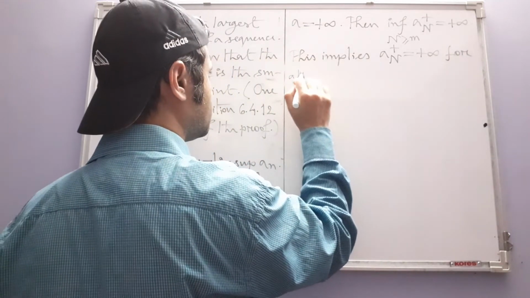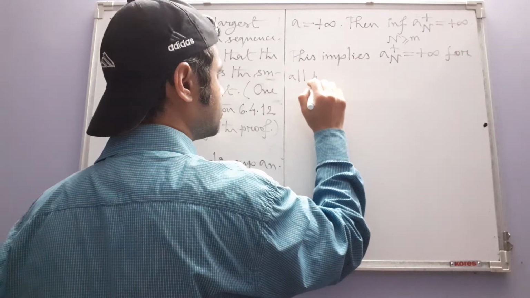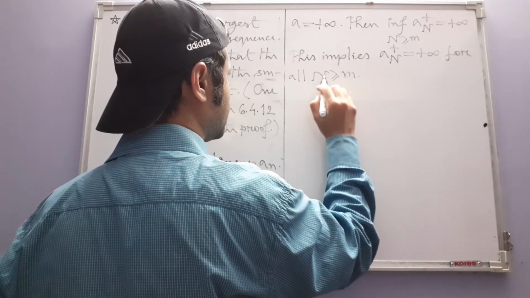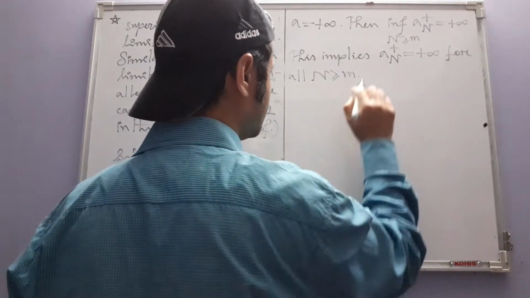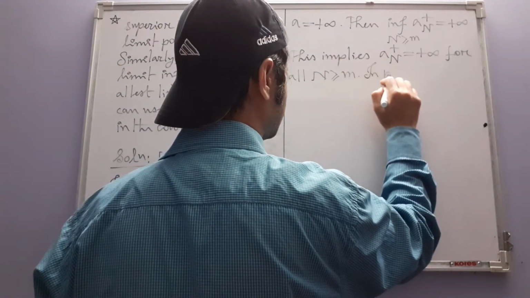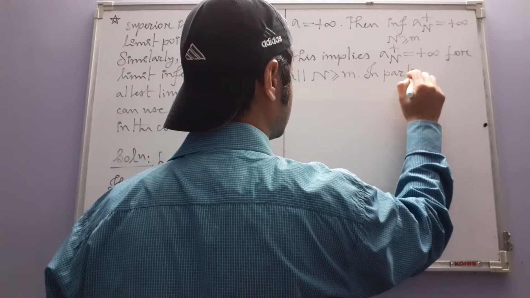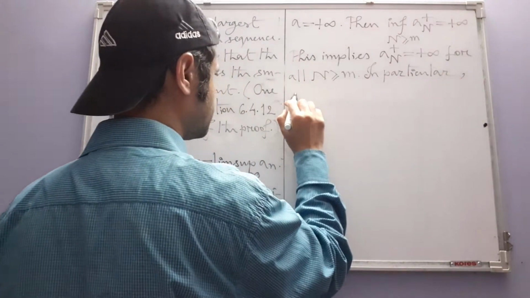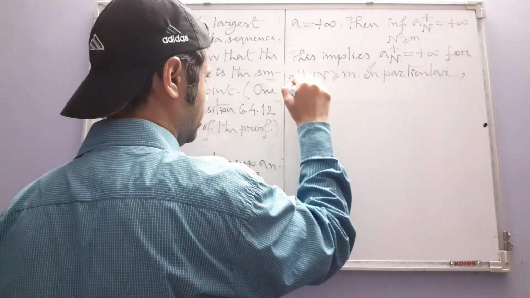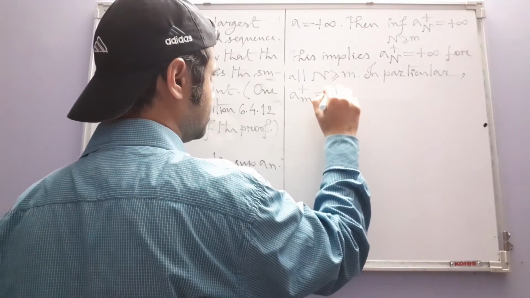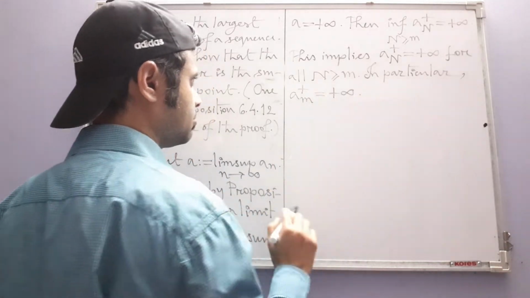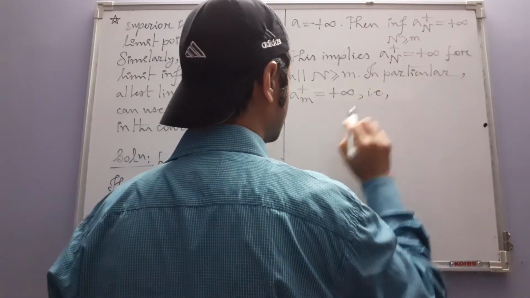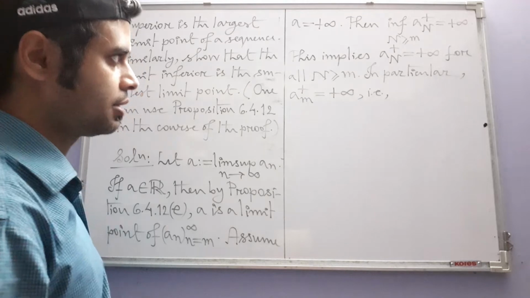for all possible capital N. In particular, a_m plus is plus infinity. Now what is a_m plus?